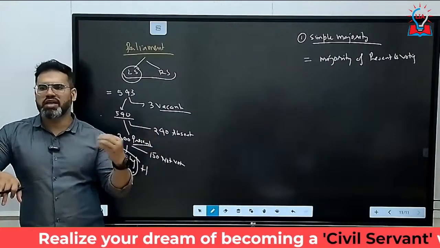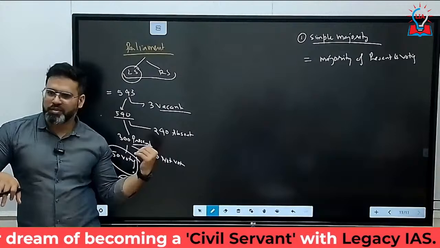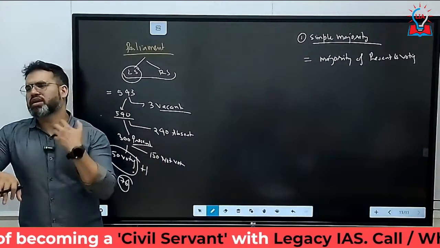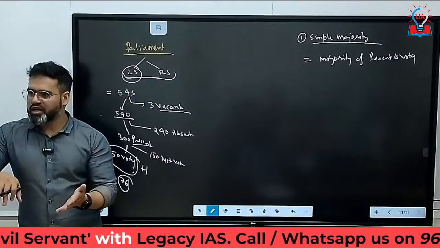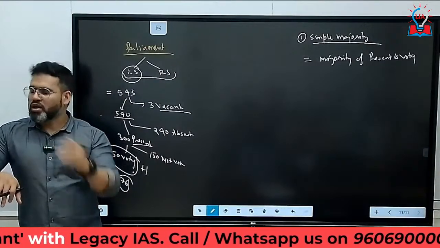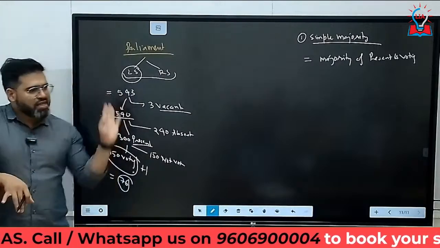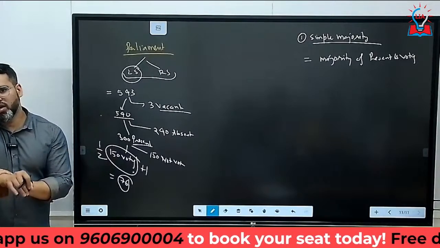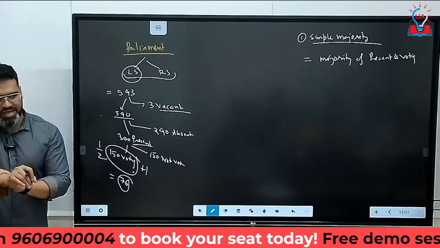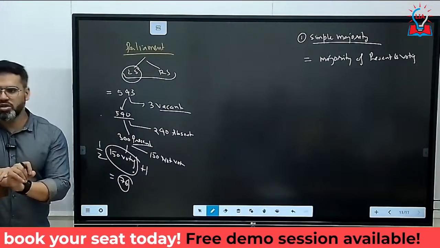For example, if we need to pass a data protection law, it will be passed through this majority only, because that is not going to take away the rights of the people. Who gave the rights? The constitution. If rights are there in the constitution, no law can take away rights from the people. Clear? So by this method we pass ordinary law. What are ordinary laws? By simple majority we pass ordinary law, we do not amend the constitution. Clear this?